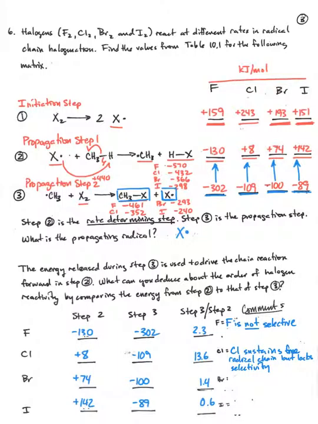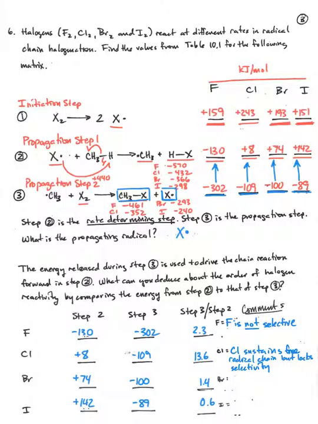Bromine, we can see the number drops to negative 100 kilojoules per mole as evolved in the second propagation step. We only need to overcome plus 74 kilojoules per mole in the first propagation step. So that ratio is 1.4.